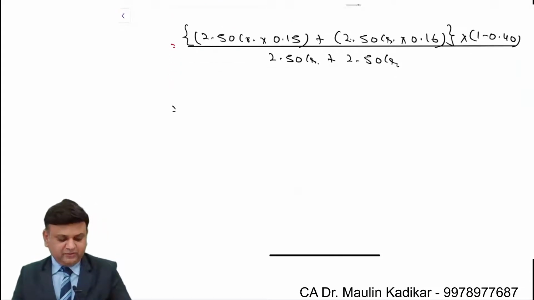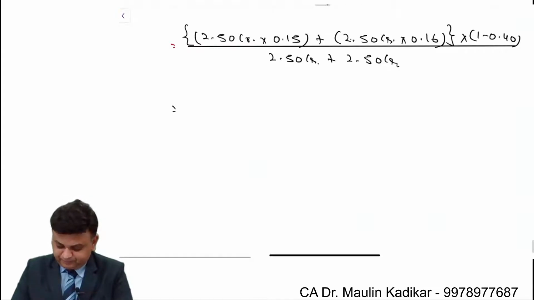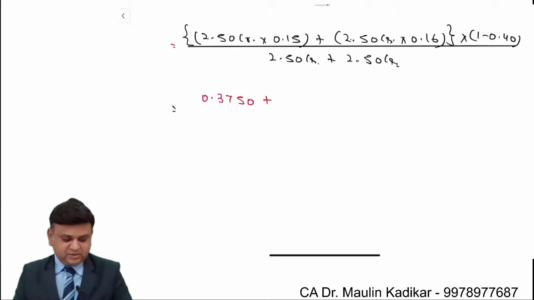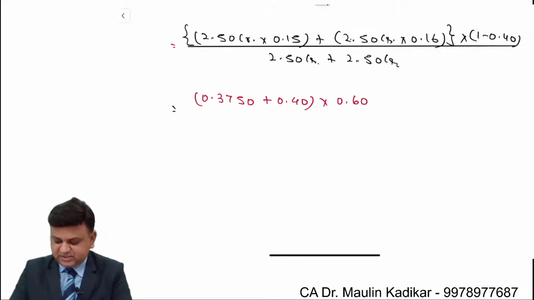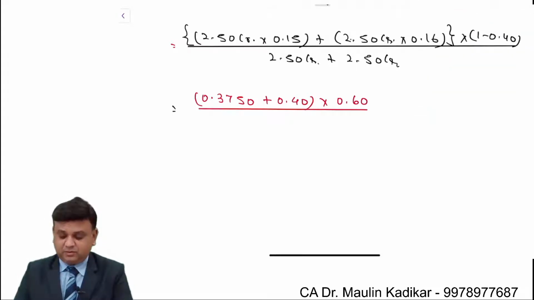So what will happen? 2.5 into 15%, so 0.375 crore, plus 2.5 into 16%, that comes to 0.4 crore, into 0.6, divided by 5 crore.